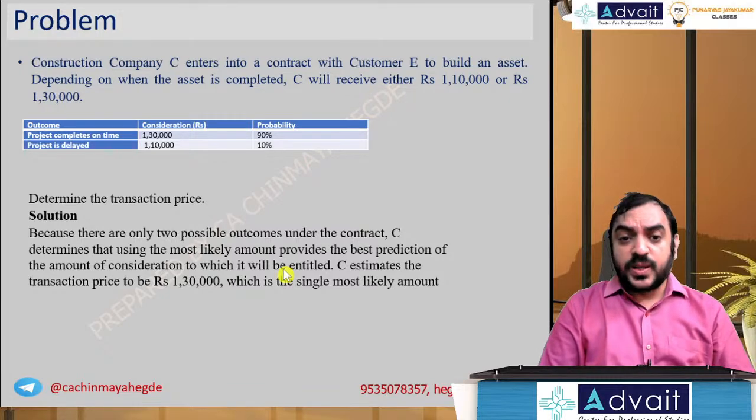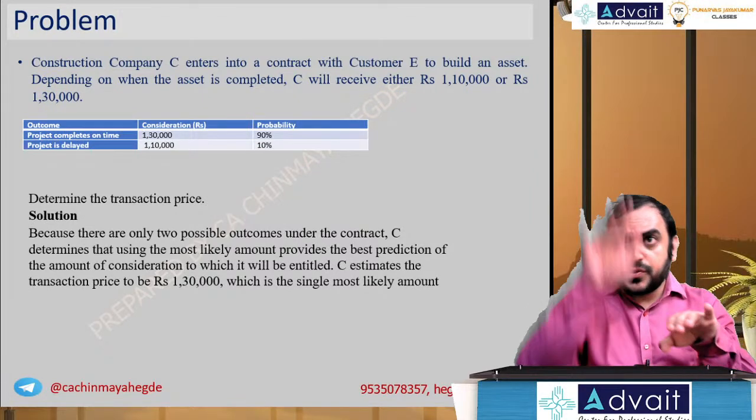In case of variable consideration, we follow two methods. Method 1, expected value method. Method 2, most likely method. EVM, MLM. Expected value method, EVM: when do we use it? When there are more than two outcomes, like in the earlier problems.